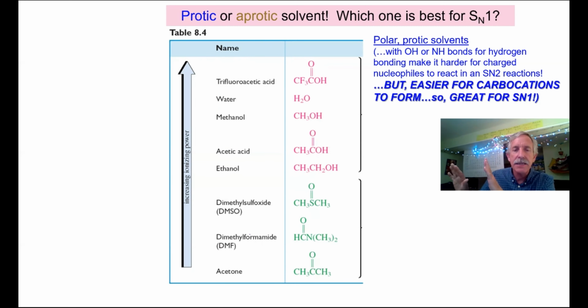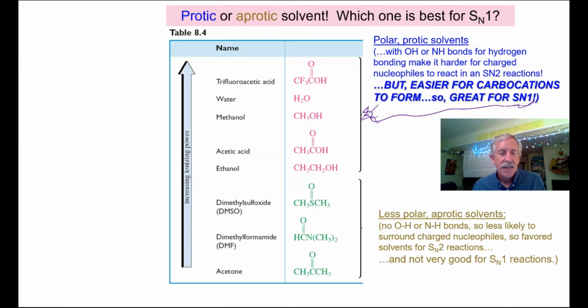I'm organic, neutral, and not very polar. But if you put the carbocation in a beaker of water, all the water is going to surround it and love it and stabilize it and make it feel less charged. And so for SN1 reactions, we really like these polar protic solvents if we can. And if you can avoid it, try to stay away from these aprotic ones.